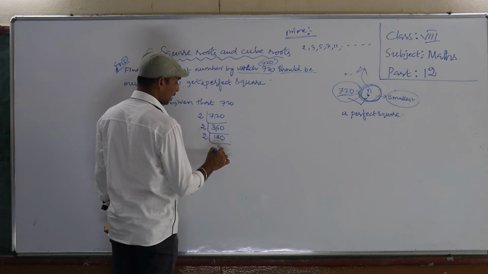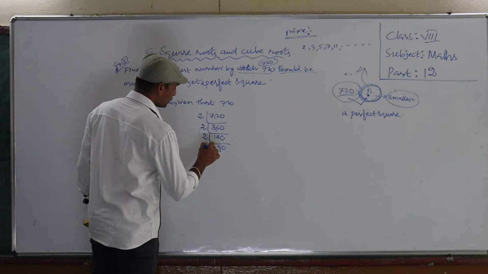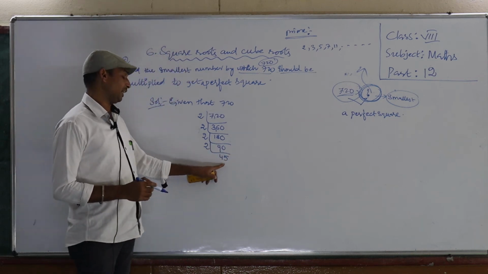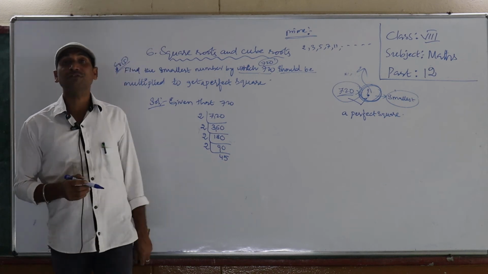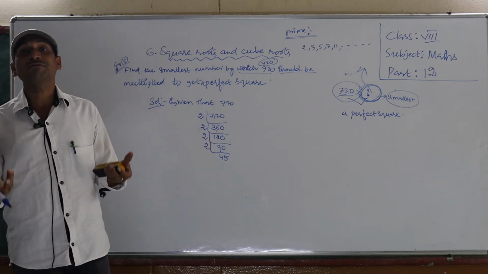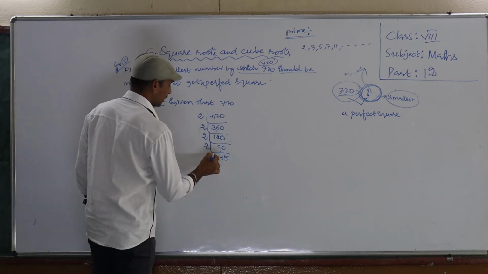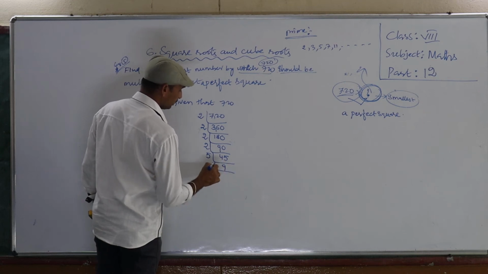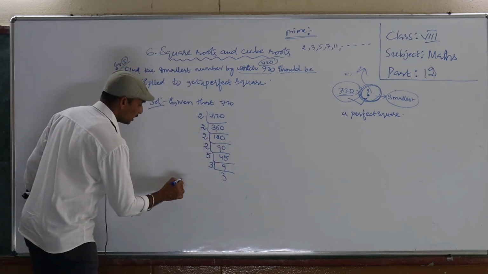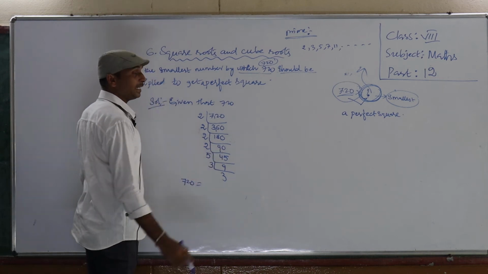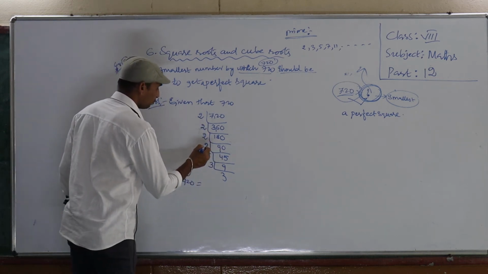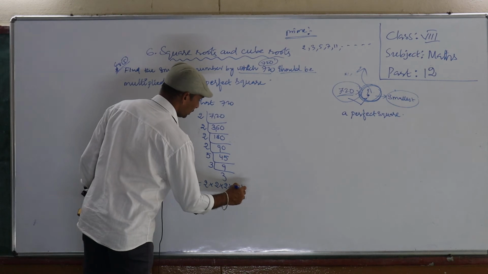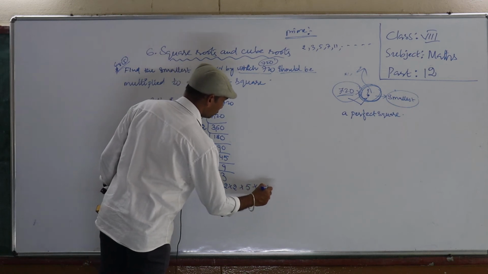Next, 2 90s are 180. Next, 2 45s are 90. Now 45. In the units place, if 5 is there, then we can take 5 because 5 is a prime number. Then 5 9s are 45. Then 3 3s are 9. So 720 we can write as 2 four times, into 5 into 3 into 3.